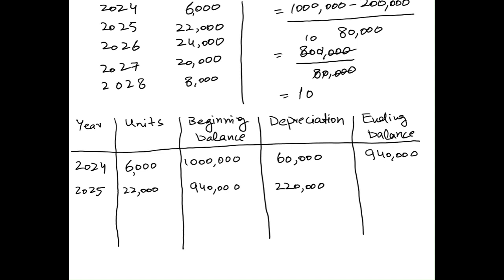And the ending balance will be, again, the beginning balance minus the depreciation. This will be 0, 0, 0, and then 4 minus 2 is 2, and then 9 minus 2 is 7. So again, let me draw a line.